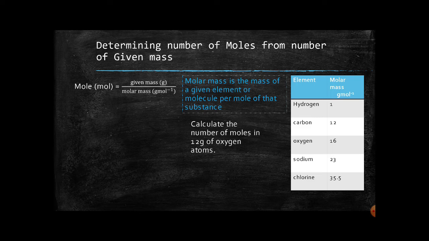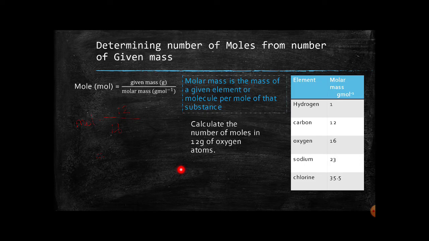Let's look at our first example. Calculate the number of moles in 12 grams of oxygen. So we want to find mole, and we'd say mole is equal to the given mass, which is what they tell us in our experiment, 12, divided by the molar mass of oxygen, which is 16.